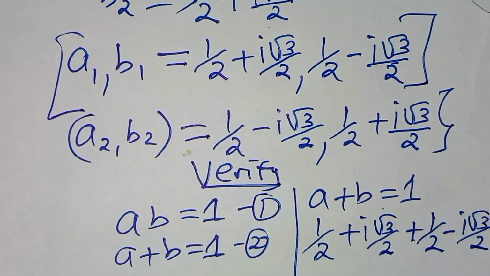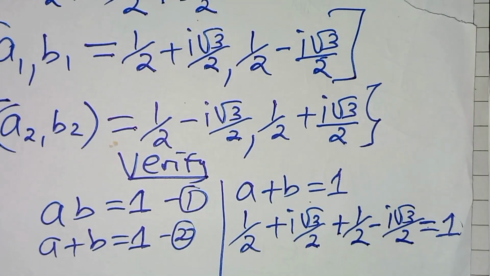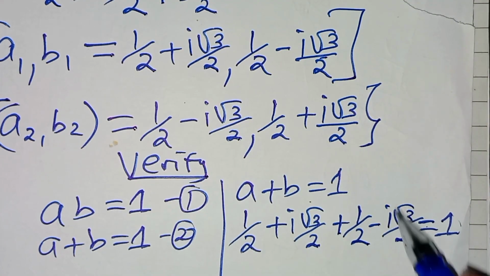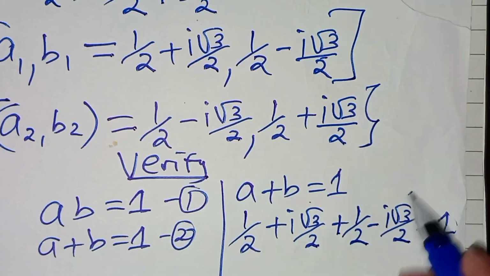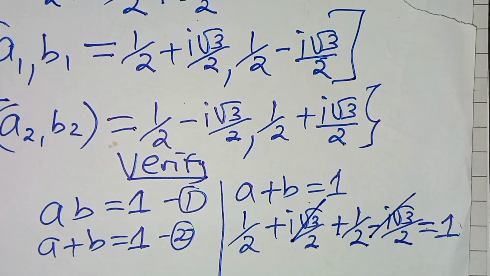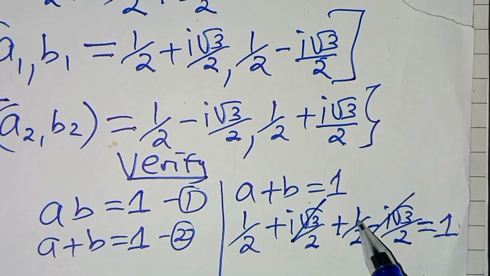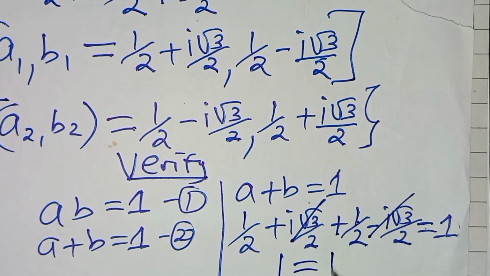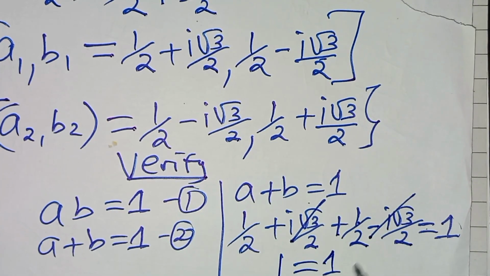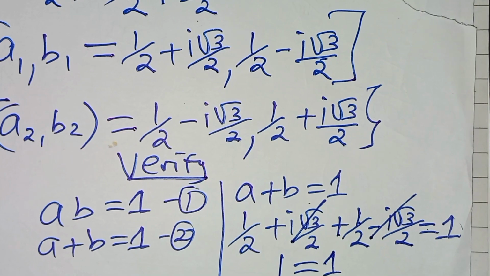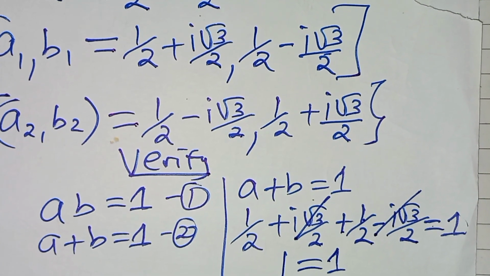Okay, so from here you can see clearly that i square root of 3 divided by 2, if you subtract i square root of 3 divided by 2, actually this simplifies. So that means that a half plus a half is actually 1, which is equal to 1. And that shows that a1 b1 actually satisfies the equation. What about a2 b2?